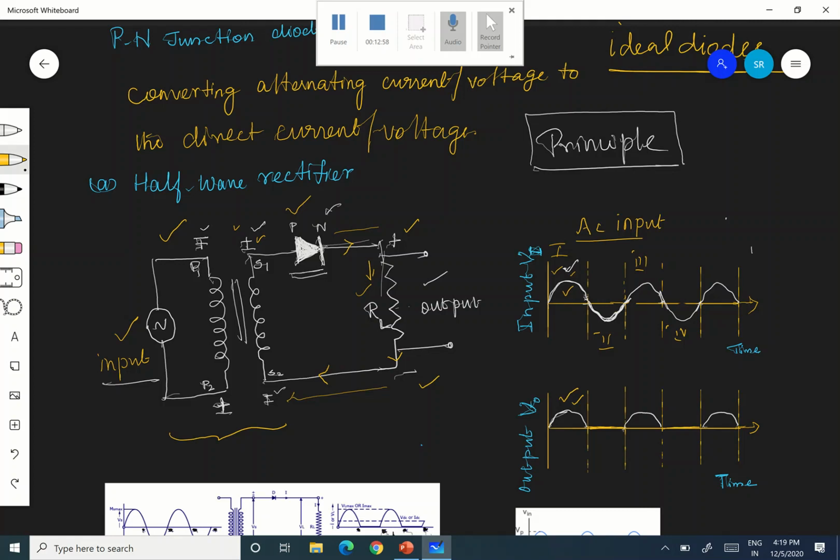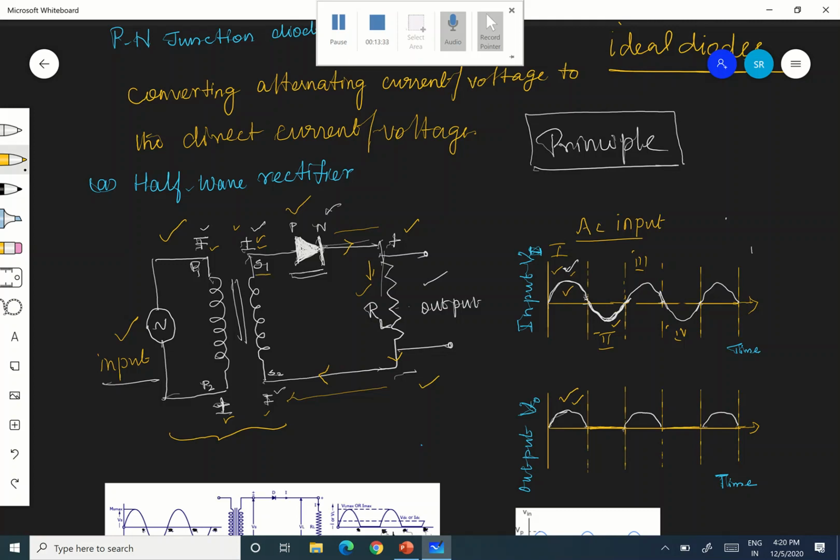Next half cycle. For example, here you see the primary of the transformer: P1 becomes positive and P2 becomes negative in the next half cycle. Therefore your S1 becomes negative and S2 becomes positive. Hope you are following. In the second half cycle of the input, P1 becomes positive, P2 becomes negative, so S1 becomes negative and S2 becomes positive.